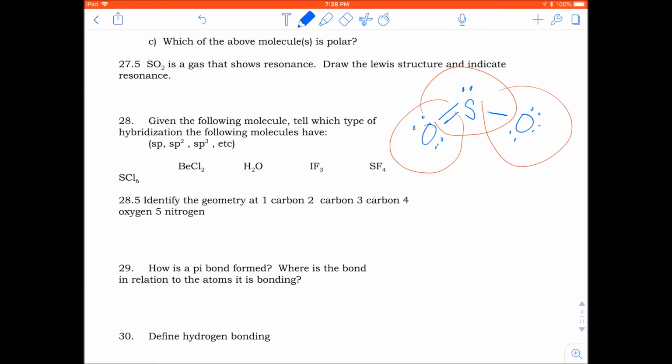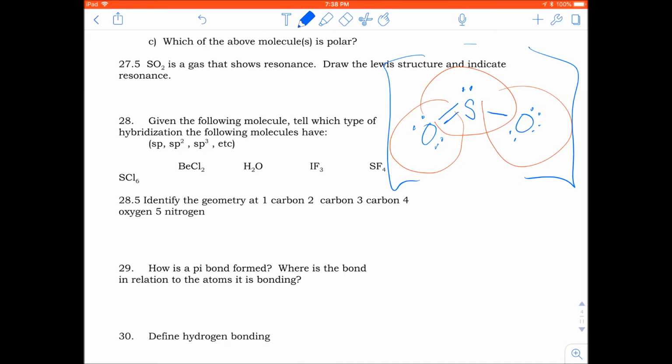And resonance simply means that it changes back and forth. We tend to put it inside square brackets. The point is that you need to make sure that you count and see that everybody has 8 electrons. So the question is something like, which one of these is a correct drawing of resonance? As long as they all have 8 electrons, you're golden.